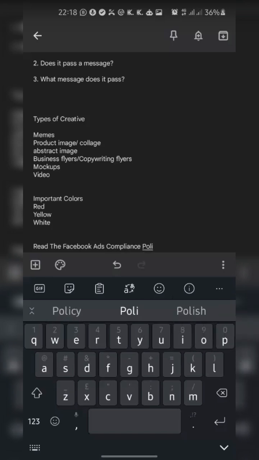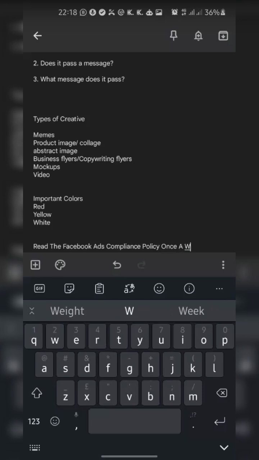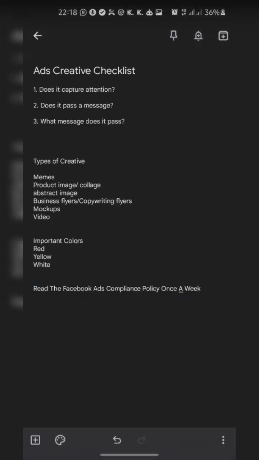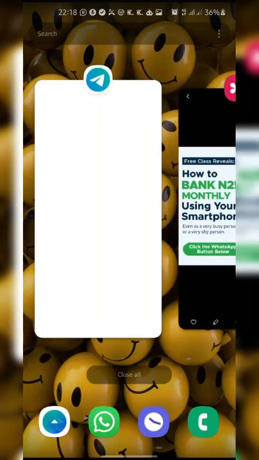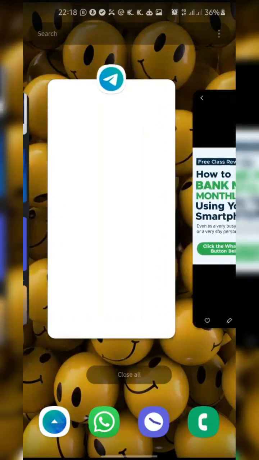Once a week, you need to read it. It's very important that you go through the policy, because they do make adjustments to it. You know the things to do and the things not to do, so that you don't get your ad account restricted.